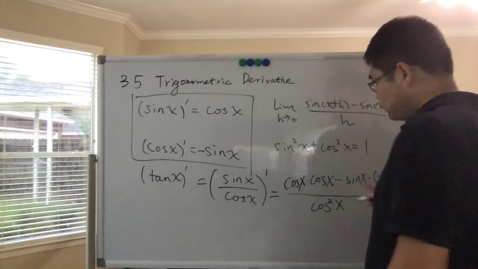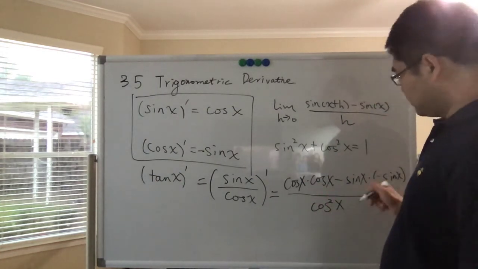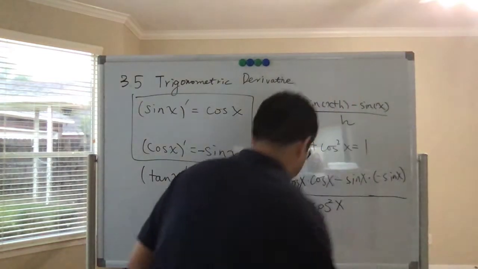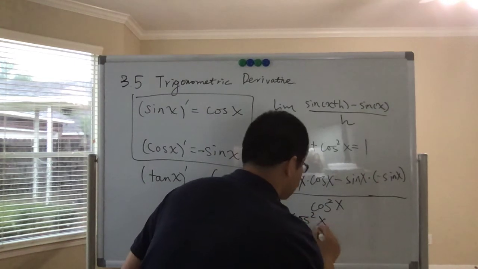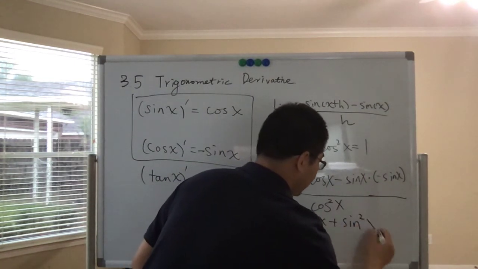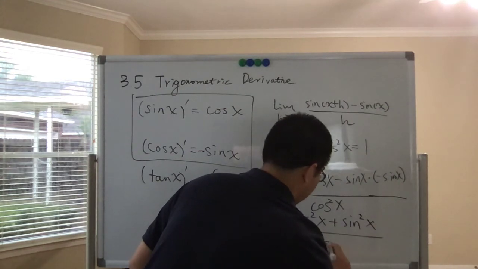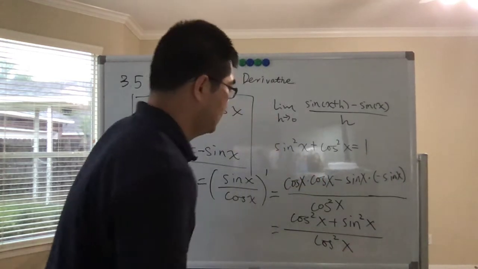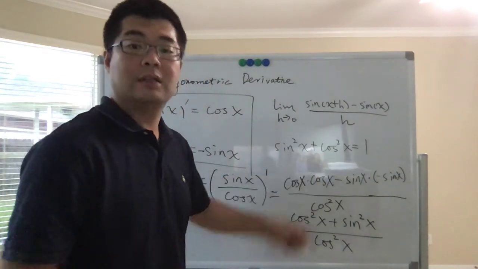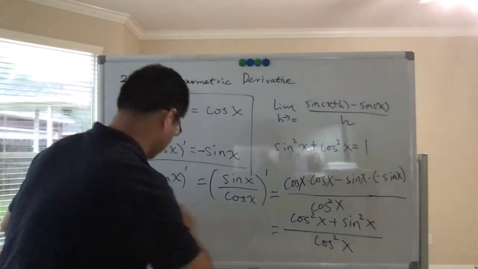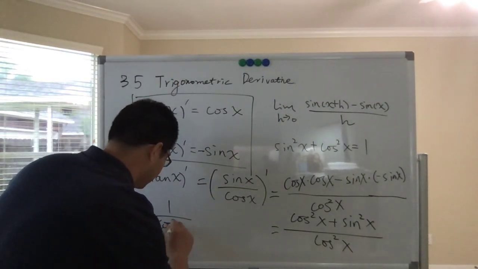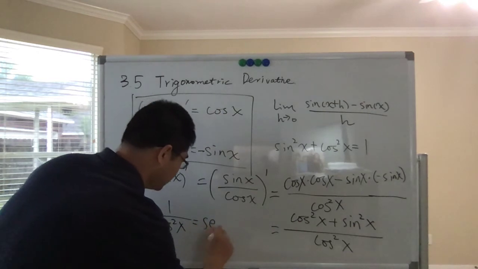So on the top we have cosine squared x minus negative, which becomes plus, sine squared of x, over cosine squared of x. And on the top, remember the identity, that it equals 1. So the derivative is 1 over cosine squared of x, or secant squared of x.